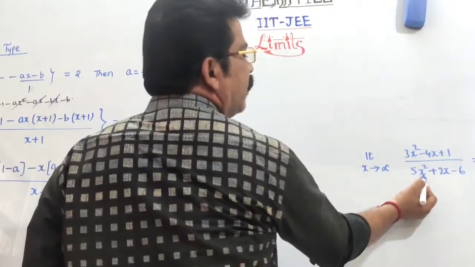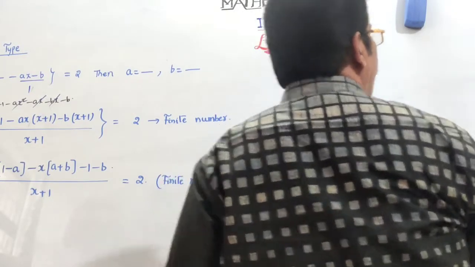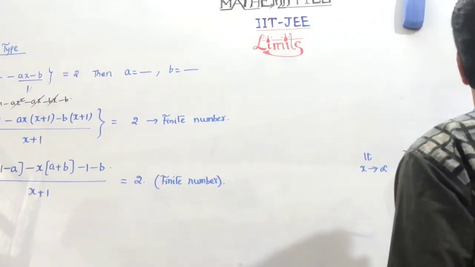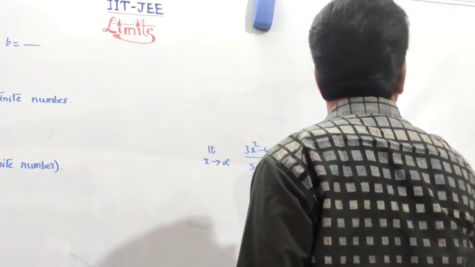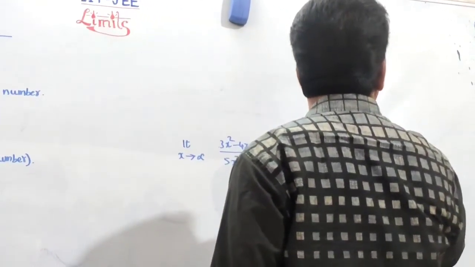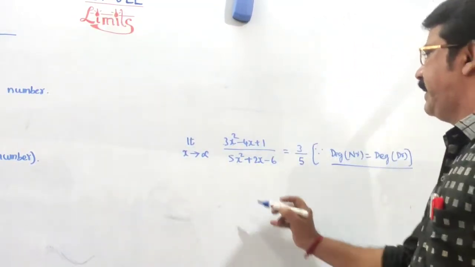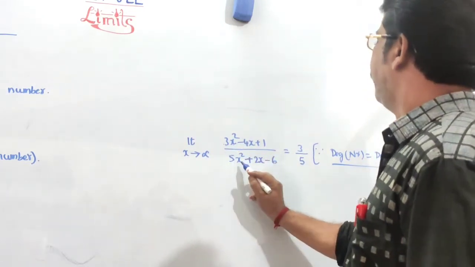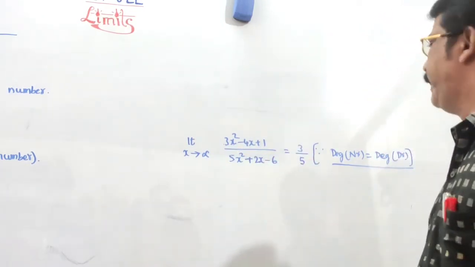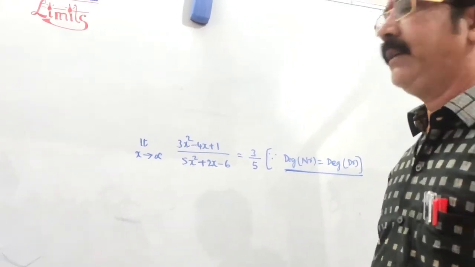The degree of denominator is 2, its quotient is only 5, because the degree of numerator is equal to the degree of denominator. So in this case we take only the quotients.